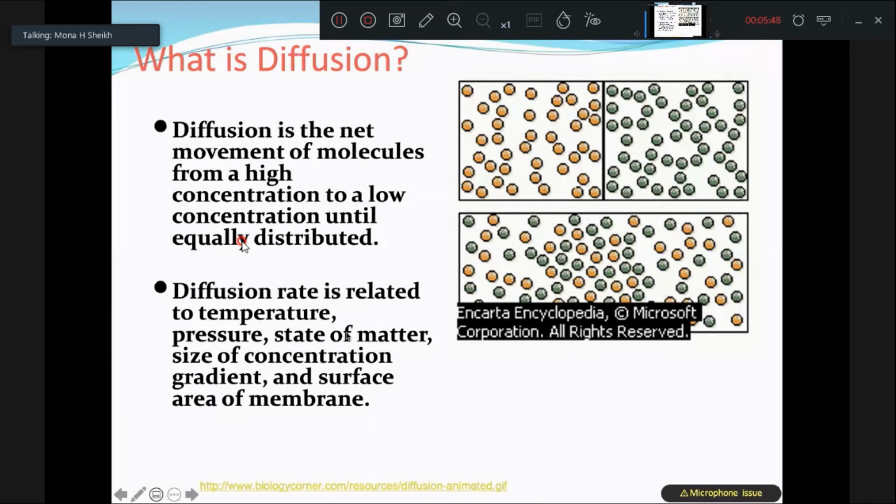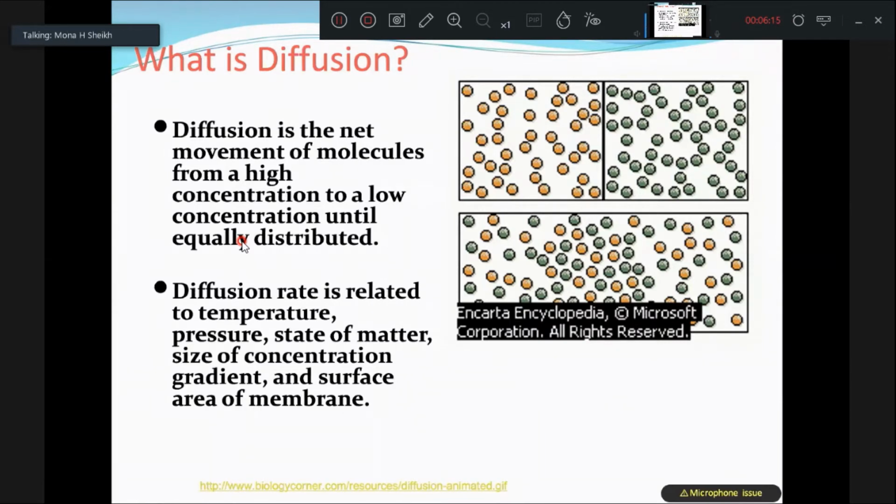And the diffusion rate is related to certain factors: temperature, pressure, state of the matter or the substance itself, size, concentration gradient, and surface area of the membrane. All of these factors affect the diffusion rate. So we are talking about a passive phenomenon where a substance moves from higher concentration to a lower concentration through a membrane.